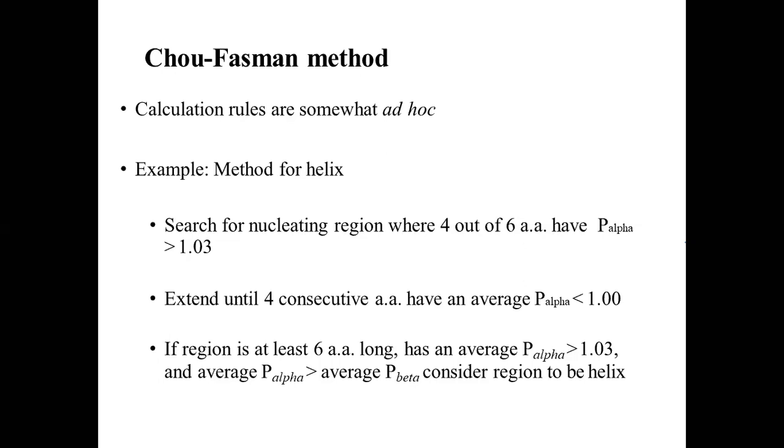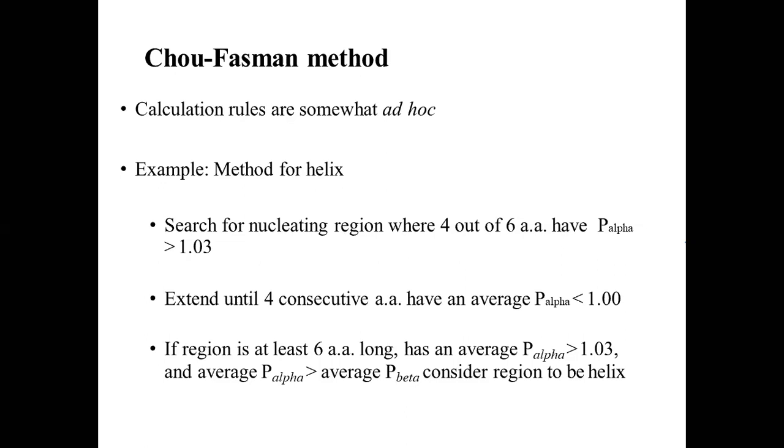No, here we search for a nucleating region where 4 out of 6 amino acids, if you add the values of the 4 amino acids, it should be more than 1.03. Suppose the amino acids have values 0.10, 0.20, 0.30, 0.10. If you combine all these values, it will be less than 1, so there will be no alpha helix. But if the values of the specific amino acids are more than 1.03, then you consider those 4 amino acids in the alpha helix.